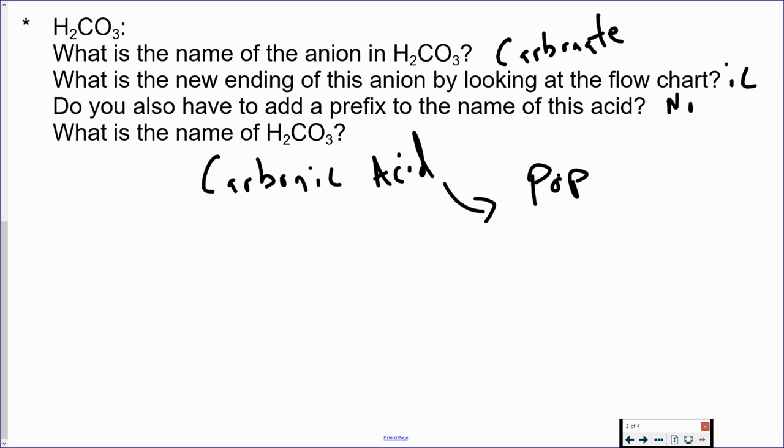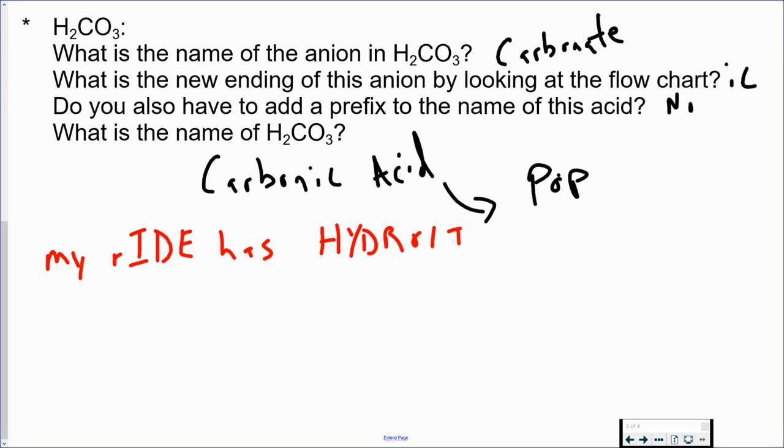The first one, for those that have "ide" as the ending, is "My ride has hydraulics." So ide goes to hydro-ic.